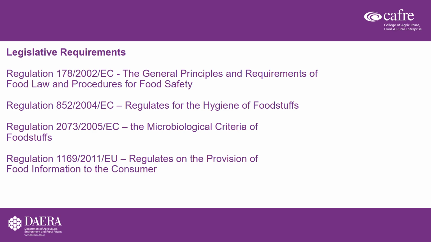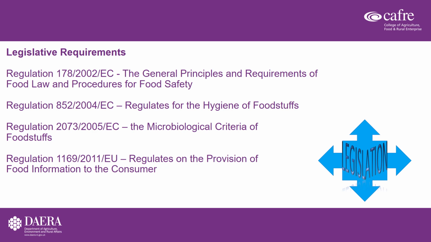Predictive modelling and challenge testing can be used to assess pathogen growth, and we'll touch on these in more detail in the next presentation on this topic. The application of microbiological criteria through legislation gives some degree of assurance that the food is safe to eat, is of a suitable quality, and that it will remain so to the end of its shelf life.